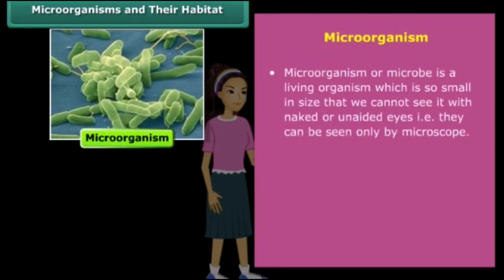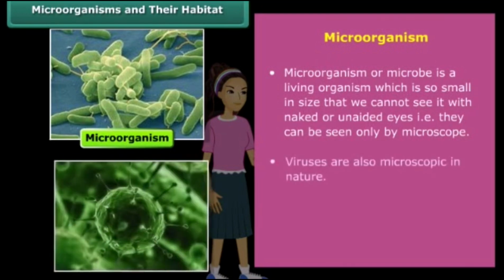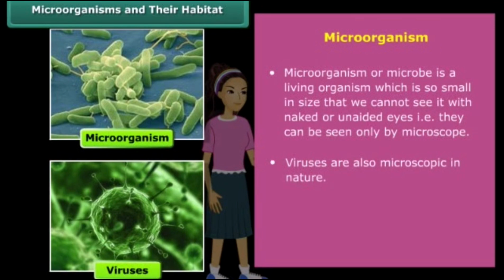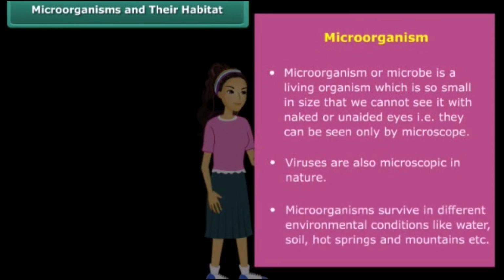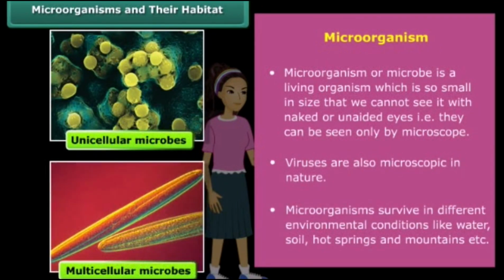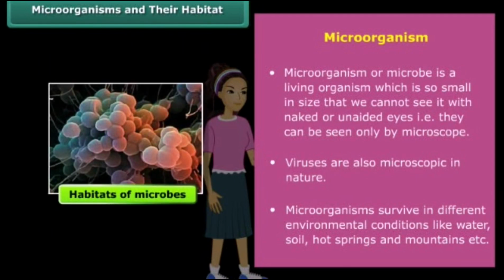Microorganism or microbe is so small in size that we cannot see it with naked or unaided eyes. They are broadly classified into four major groups: bacteria, fungi, protozoa and algae. Viruses are also microscopic. Microorganisms can survive in different environmental conditions.